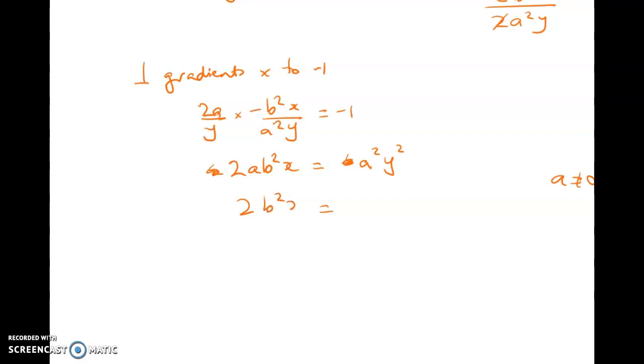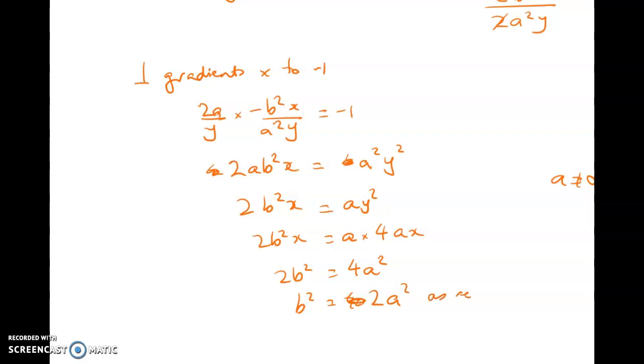So 2b squared x is equal to a y squared, which is equal to a times 4ax. So 2b squared x is equal to 4a squared x. 2b squared is equal to 4a squared. So b squared is equal to 4, whoops, b squared is equal to 2a squared as required.